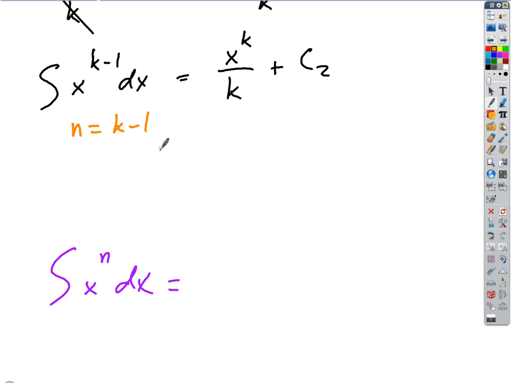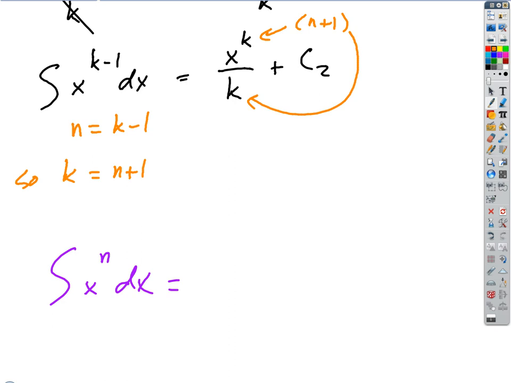What is our answer going to look like? Well, if n equals k minus 1, I have to be able to plug in k's for my n's, or n's for my k's. So what would k equal in terms of n? n plus 1. So all of these over here are going to become n plus 1s.